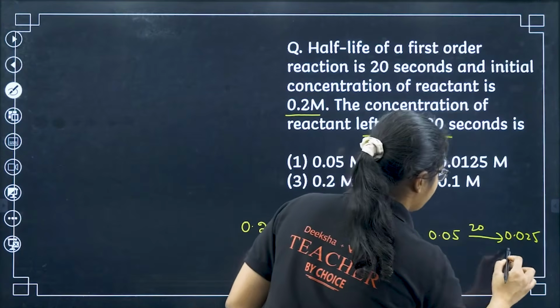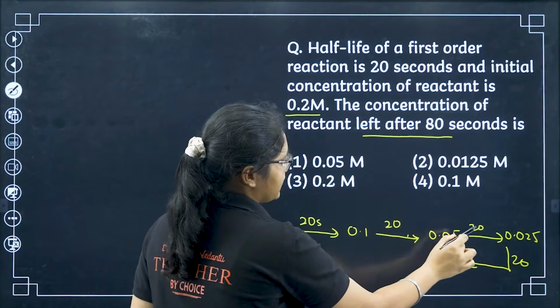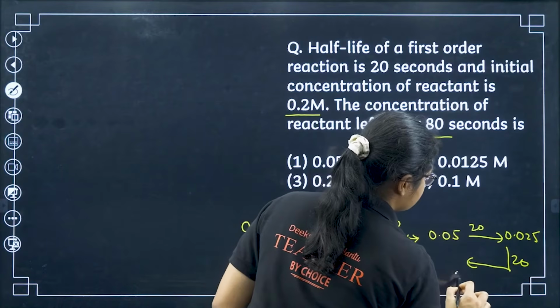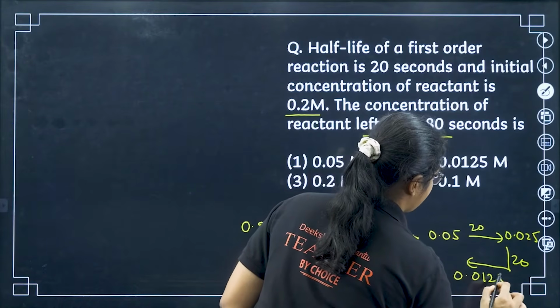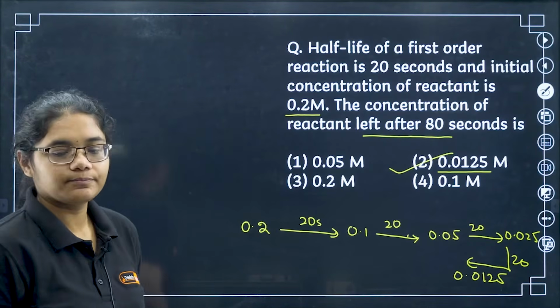One more 20 to go: 20, 40, 60, 80. So it will become 0.0125. That is option number 2 here.